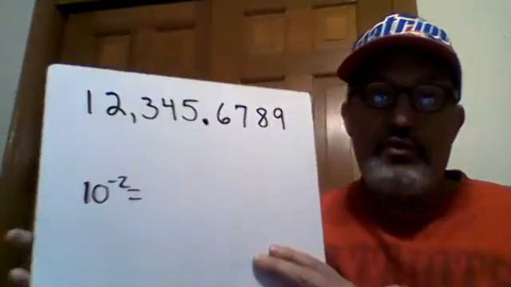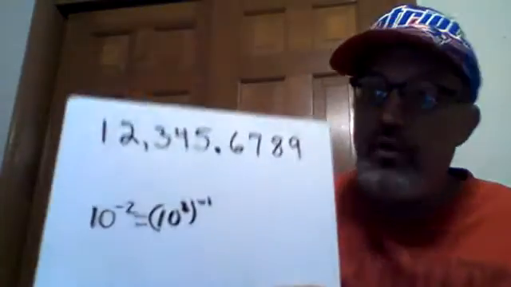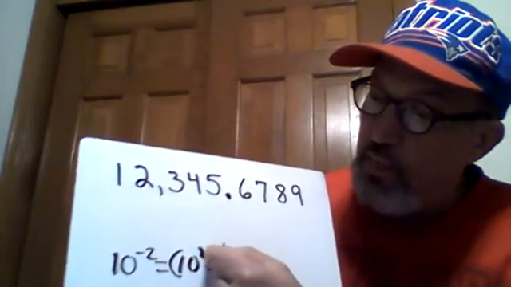Well, 10 to the negative 2, as we saw with raising 3 to a negative power, can be thought of as 10 squared raised to the negative 1 power, because rule number 2 would tell us to multiply the exponents, and 2 times negative 1 is negative 2. And 10 to the negative 3 can be thought of as 10 to the third raised to the negative 1. 10 to the negative fourth would be 10 to the fourth raised to the negative 1.